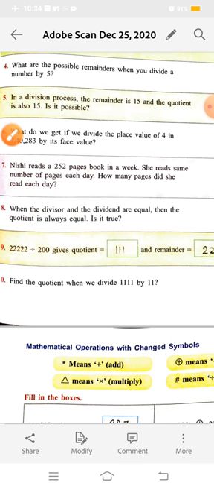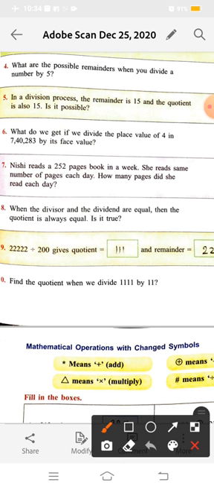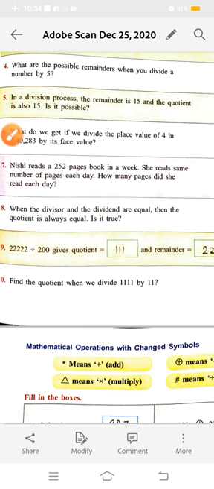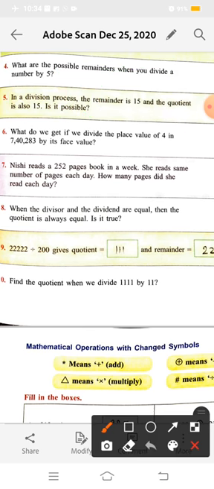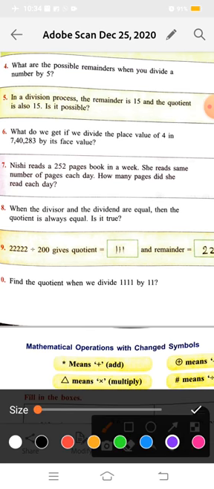How? See again, divide 15,015. Look here, how will the quotient and remainder be 15.